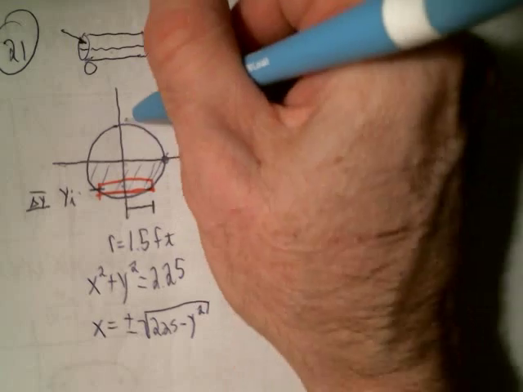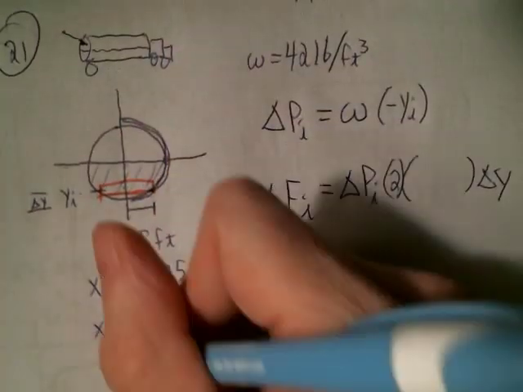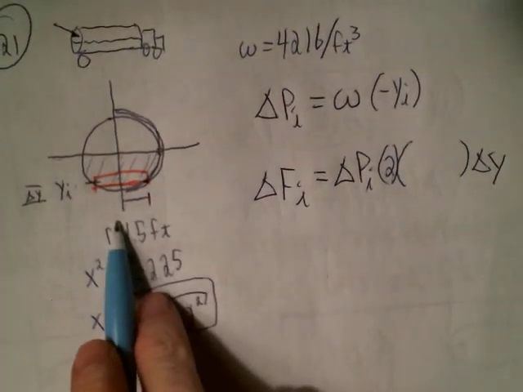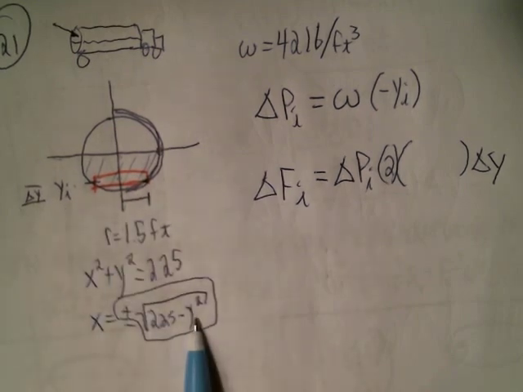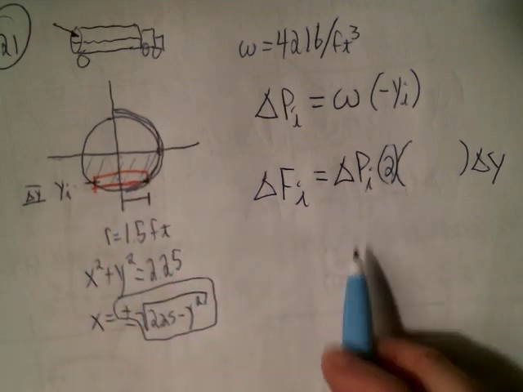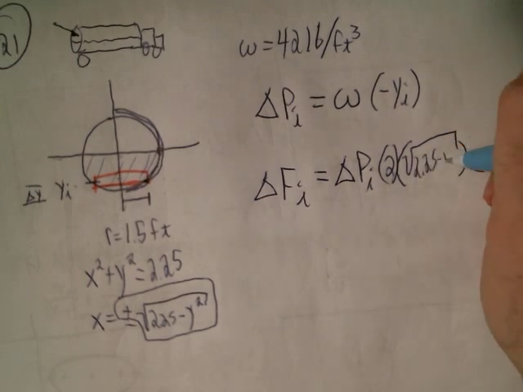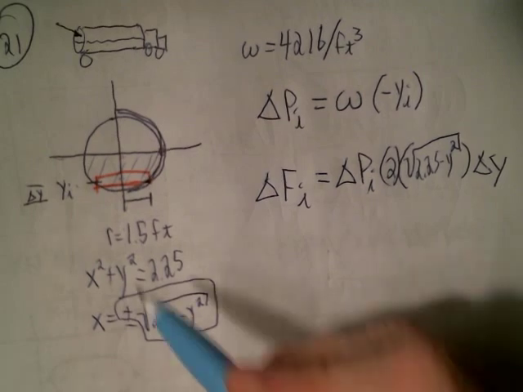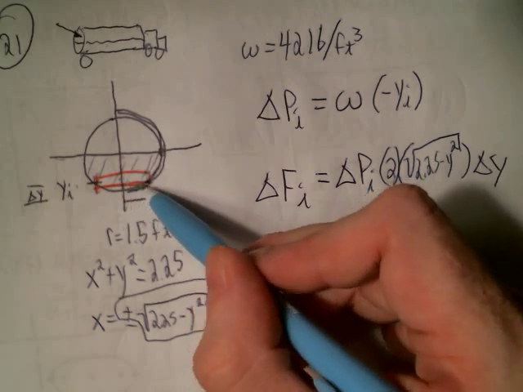So this side of the circle is given by the positive root, this guy. So our formula to get this distance from here to here for any particular y sub i is this formula. We need to multiply it by 2 to get the entire length. So it's 2 times the square root of 2.25 minus y squared. Okay? Because I need the area of this rectangle, not just half the area of the rectangle.